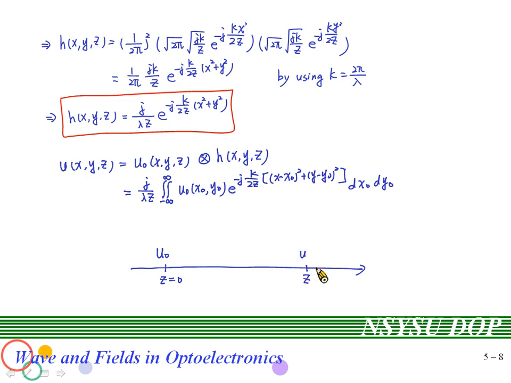The amplitude function at any point of z is u of x, y, z. How to obtain this value? The amplitude at any point of z can then be obtained by performing the convolution of u0 with the h function. And the detailed process is to perform this integral shown here. Okay?